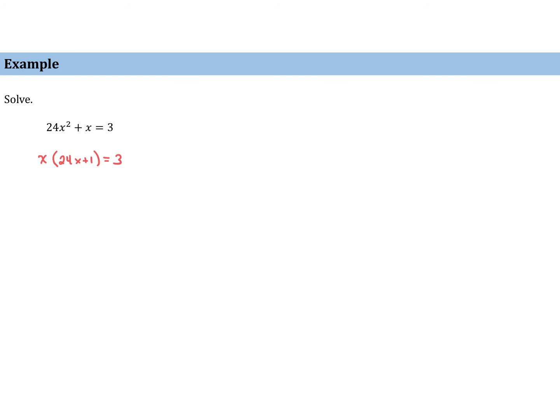Now, you'll remember that the zero product principle is that if I have a times b equals 0, one of them has to be 0, either a or b. Why does that not work here? I have two things being multiplied, but they're not multiplying to give 0. There are many, many ways I can get 3. So I can't say anything if it's equal to 3.